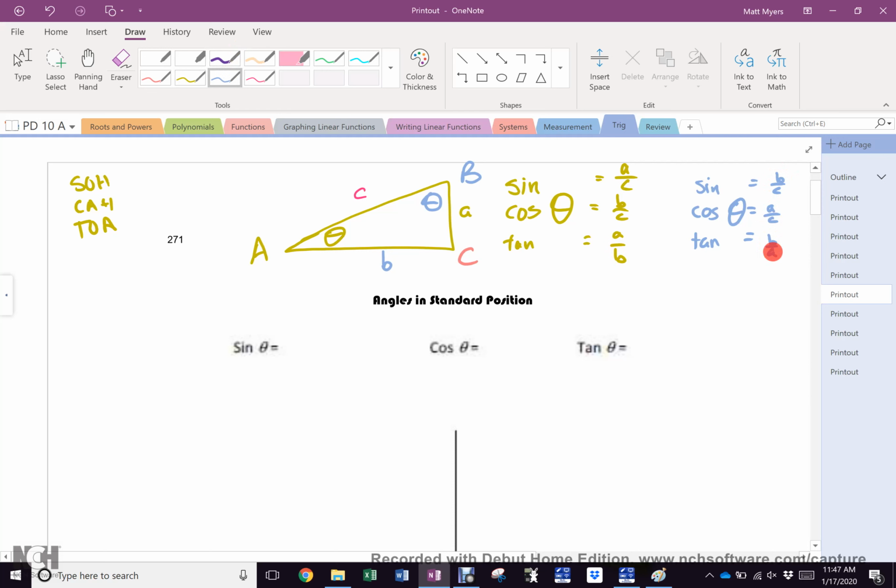What are the only sides that change as I move around the triangle? The opposite, the adjacent, or the hypotenuse? Which are the ones that change? Opposite and adjacent change. Why?